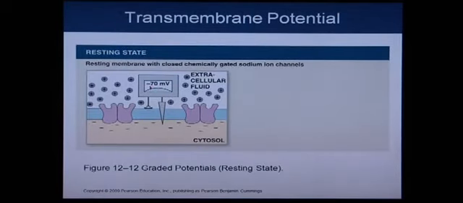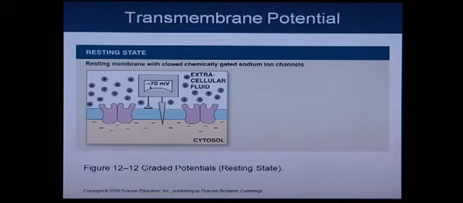Okay, so here's a picture of a membrane at resting state, or resting membrane potential. So we've got the plasma membrane of the neuron, and we've got the cytoplasm. And here are our channels. These are not the leak channels, these are the chemically or voltage gated channels. These are the ones that open in response to a stimulus.